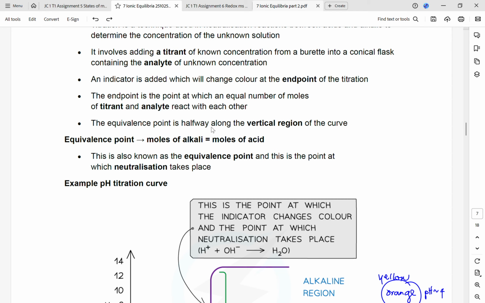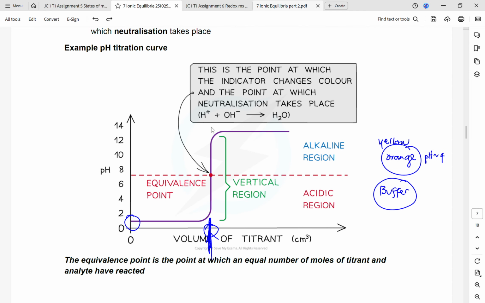Of course, you can do the actual practical, which means you take, let's say, strong acid, and then add strong base, and also plot the pH every time you add half a mil or something, half a cm cube of titrant.